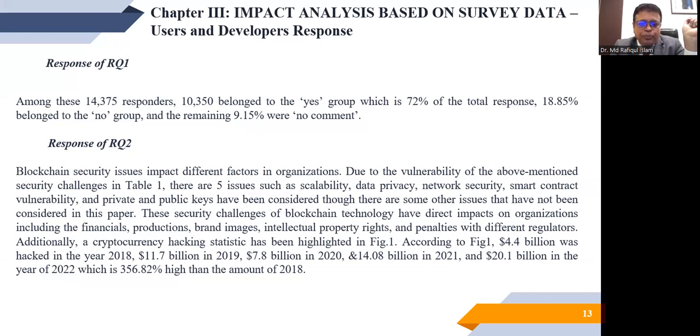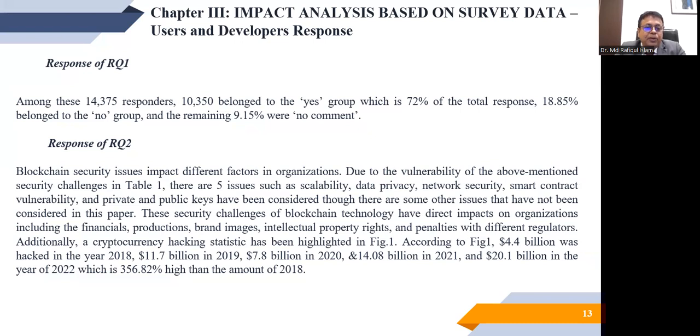Response number 2. As per our figure number 1, the data we presented previously from 2018 to 2022 showed that $4.1 billion was hacked in 2018 and finally $20.1 billion was hacked in 2022. That means this figure also shows that security must be addressed.